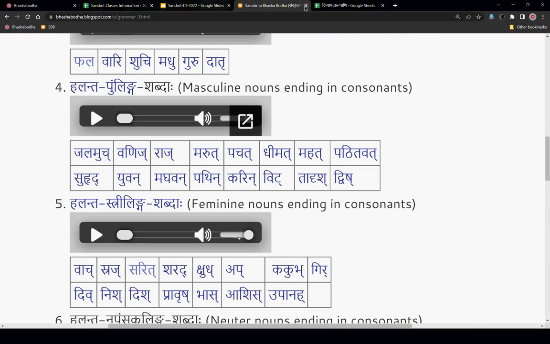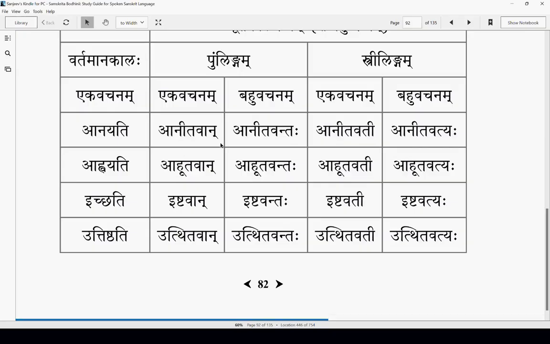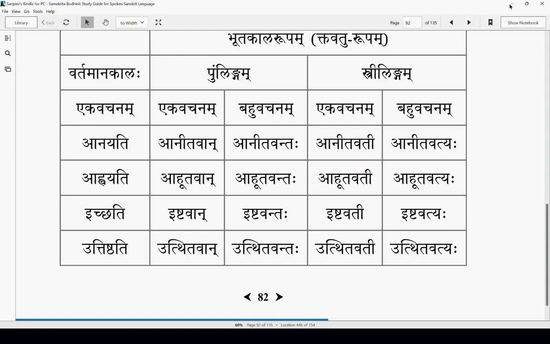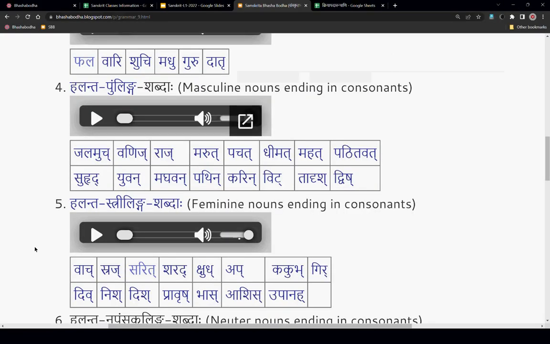As you look here, Anitavan, Anitavanto, Anitavantaha, Ishtavan, Ishtavanto, Ishtavantaha, etc. Here we can follow Patitavat. This is also a Krudanta Rupam, the Bhuta Krudanta Rupam of the Pat Dhatu.